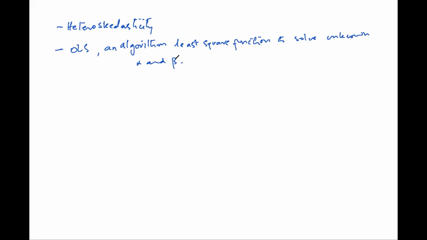It can solve for unknown alpha and beta by minimizing the square of residuals. So whenever you see that somebody has written that he has done OLS, that means OLS is a method that is used by software to minimize the residuals to calculate alpha and beta.